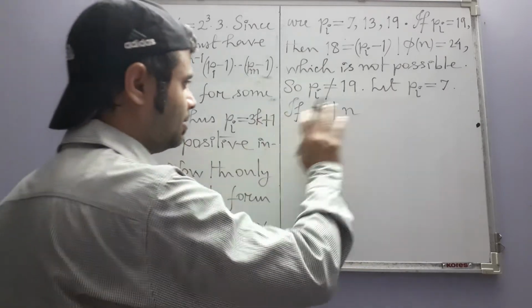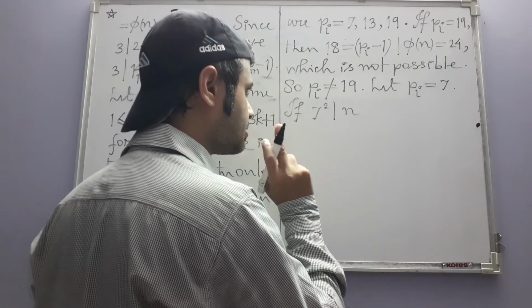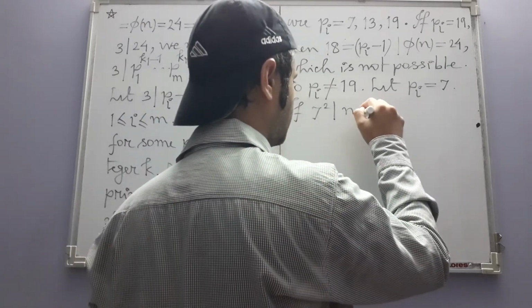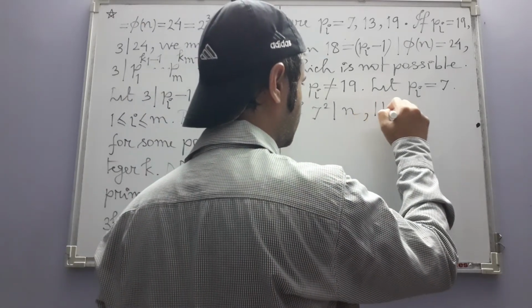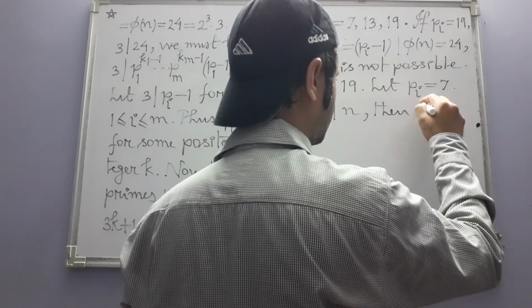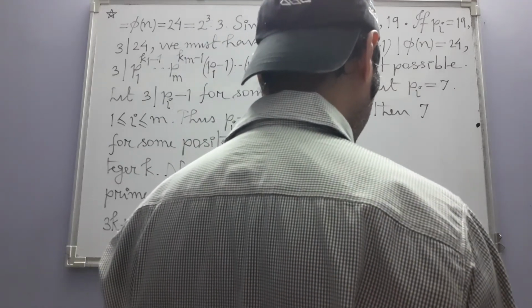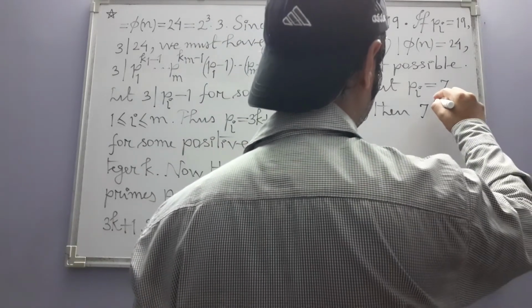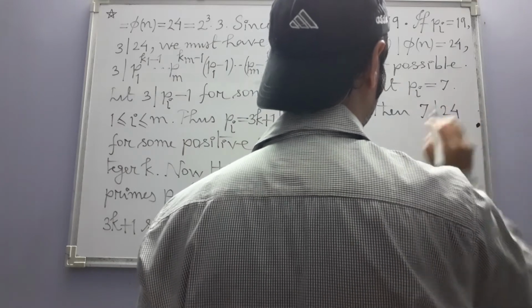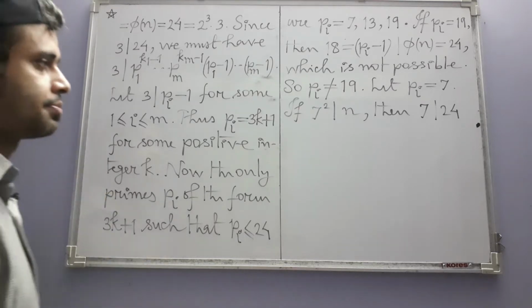Anyway, let's just see what I'm trying to say here. If 7 square divides n, then seven should divide 24. Does it make sense?